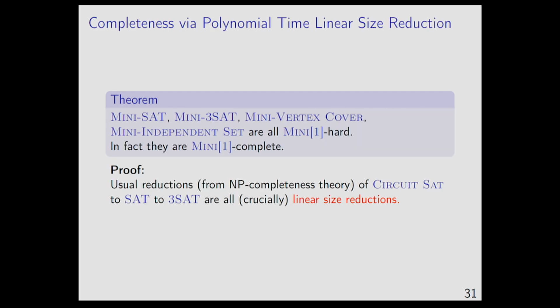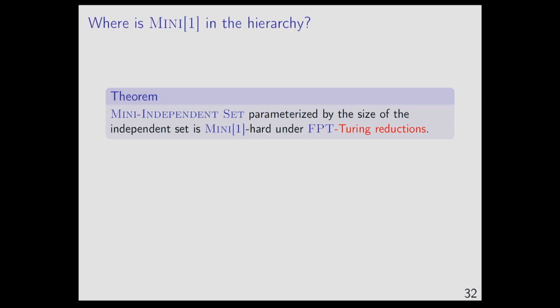In fact, they are mini 1 complete because all these problems you can write as a circuit SAT. So they are complete. But there's a kicker: where is mini 1 in this hierarchy? So you can actually give a reduction: mini independent set parameterized by the size of the independent set is mini 1 hard under FPT Turing reduction.